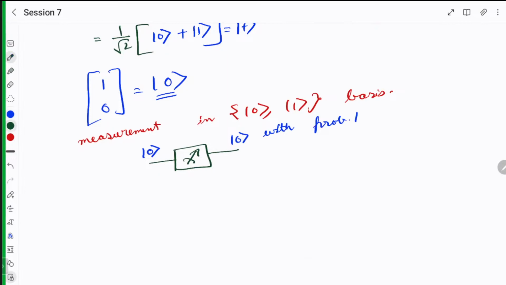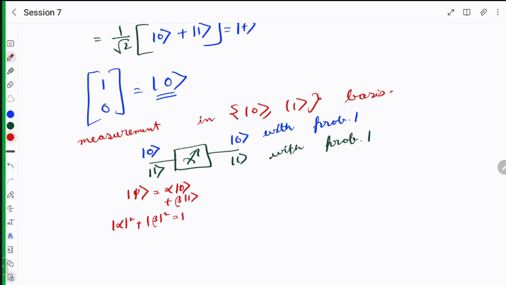And if I give ket 1, it will give me ket 1 with probability 1. Now, if I have some psi, which is alpha ket 0 plus beta ket 1, and of course psi is normalized, so mod alpha squared plus mod beta squared is 1, then if I make a measurement in the 0, 1 basis, what will be the outcome?